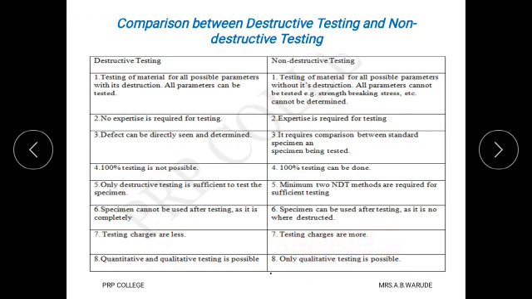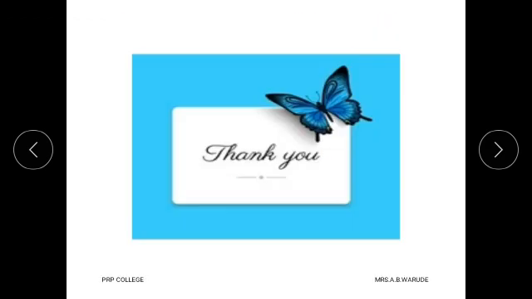That means it is costly. Eighth, quantitative and qualitative testing is possible, but in NDT, only qualitative testing is possible. Quantitative testing is not possible. This is all about the comparison between DT and NDT method. Thank you.